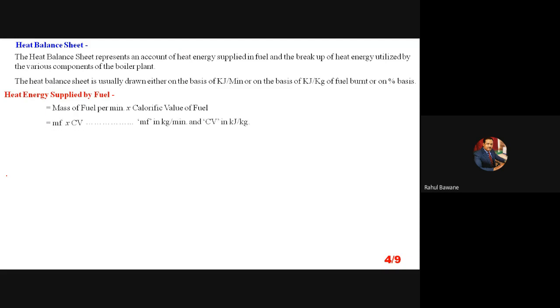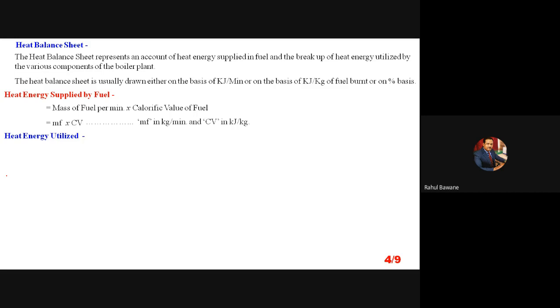So mass of fuel, denoted by MF, multiplied by its calorific value gives the total heat evolved by burning the fuel, and that much amount we actually supplied. So that is heat energy supplied. MF into CV, this much heat we supply to the boiler plant.